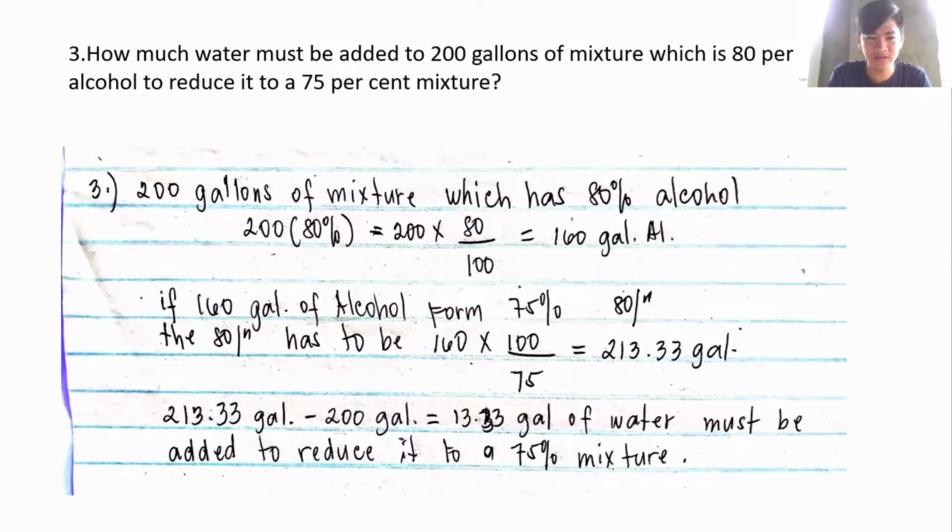If 160 gallons of alcohol forms 75%, the solution has to be 160 times 100 over 75 equals 213.33 gallons. 213.33 gallons minus 200 gallons equals 13.33 gallons of water must be added to reduce it to a 75% mixture.